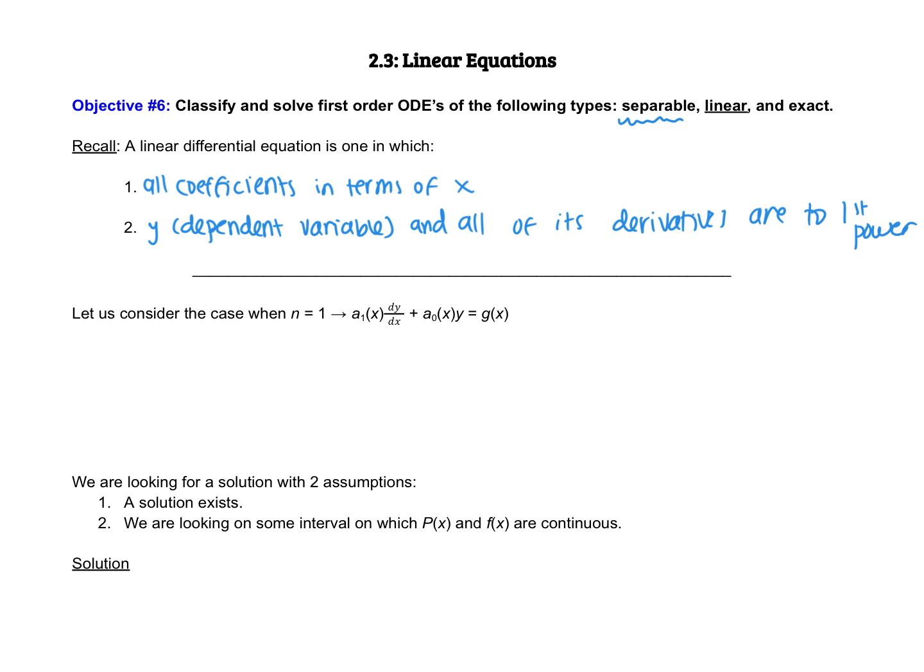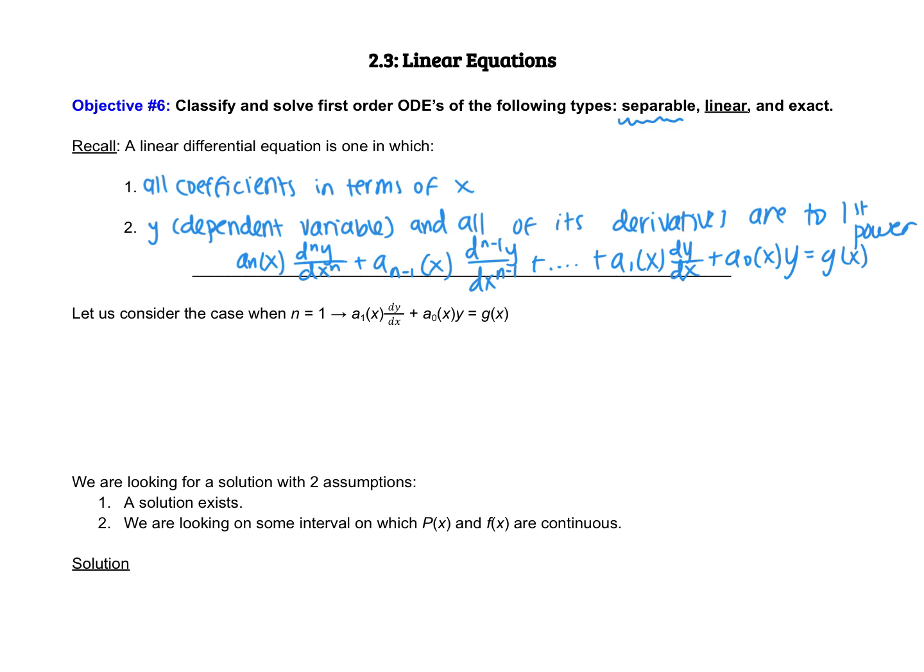And so if we want to write out the general form of a linear equation, we have a_n of x times the nth derivative of y with respect to x, a_(n-1) of x times the (n-1)th derivative of y with respect to x, all the way down to a_1 of x dy/dx plus a_0 of x times y equals g of x.